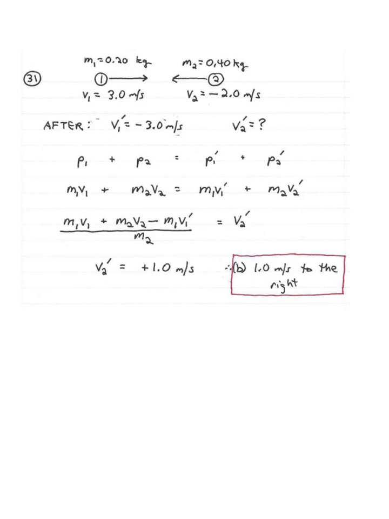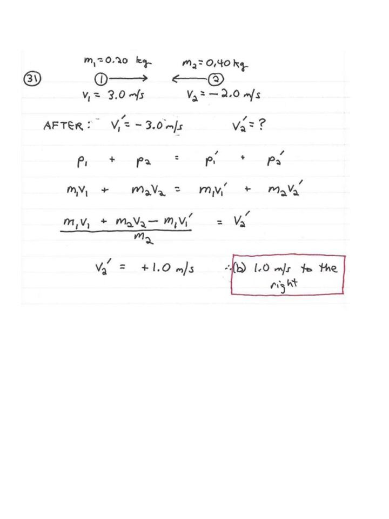So we'll set up conservation of momentum. So the momentum of ball 1 plus the momentum of ball 2 before the collision equals the momentum of ball 1 plus the momentum of ball 2 after the collision. I'll turn all the p's for momentum into m times v, so m1 v1 plus m2 v2 equals m1 v1 prime plus m2 v2 prime, and we solve for whatever we need to solve for.